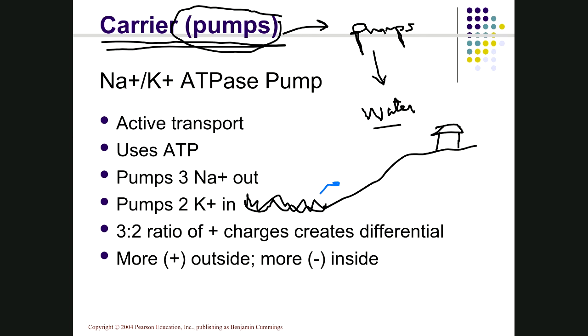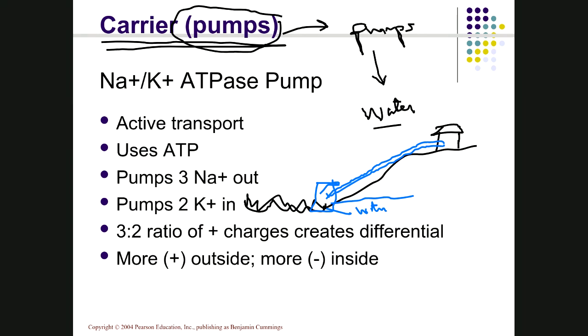Water goes downhill. But look, if I put a pipe, I could pipe water up to my house. But a pipe's not enough. I have to put a pump down here, a water pump. And the water pump is going to use energy. So I'm going to have to plug it into something, or I'm going to have to use gas or something like that.